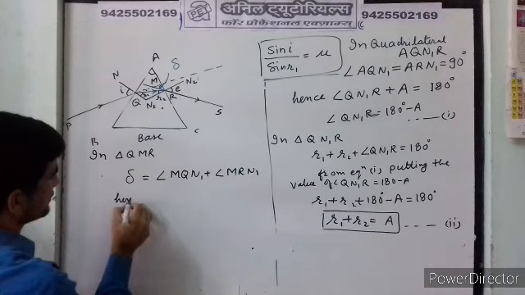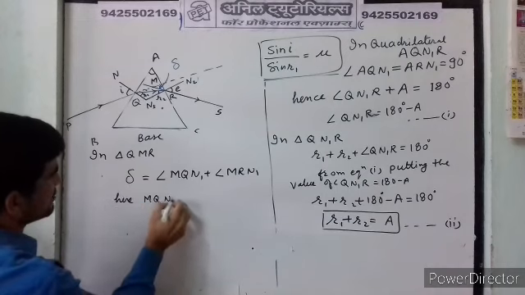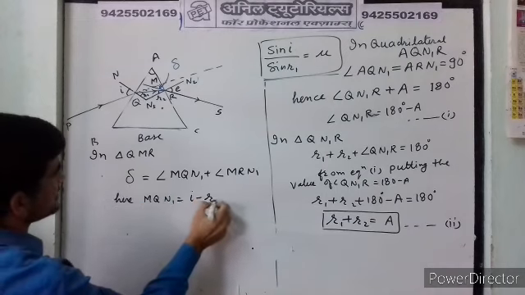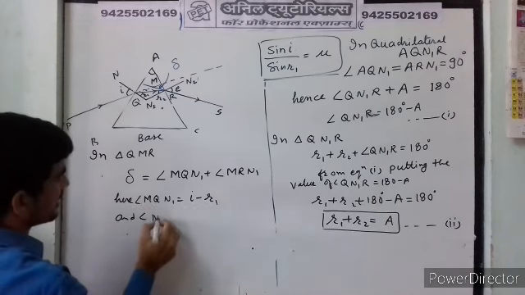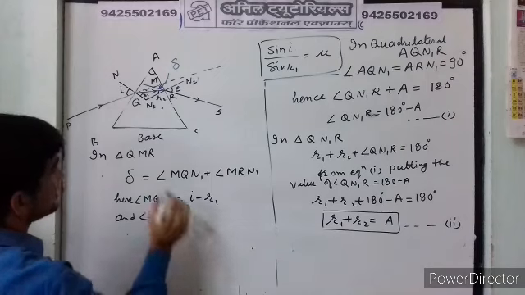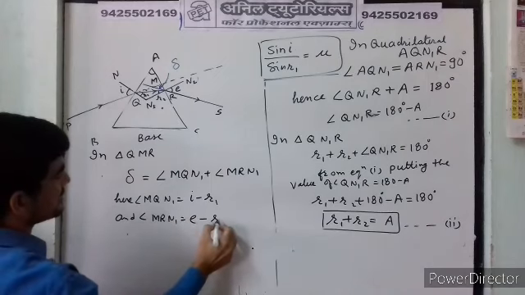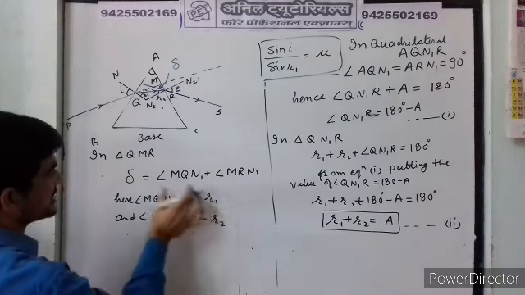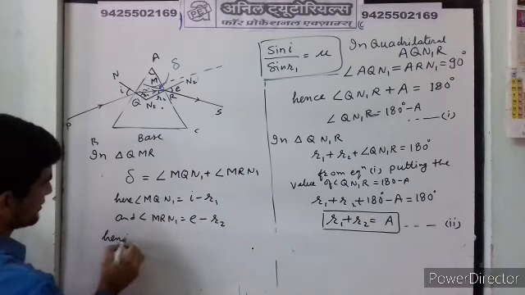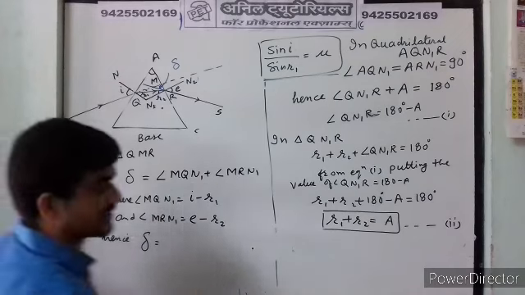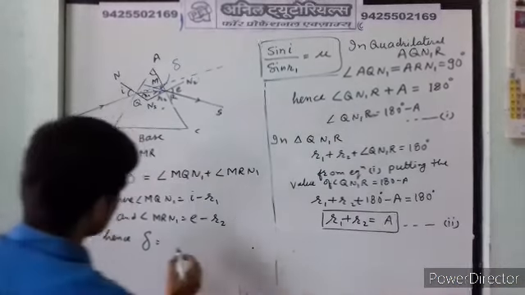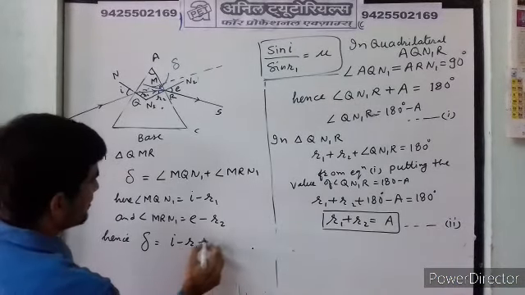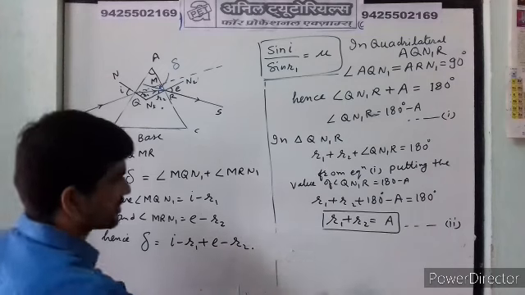So here MQN1 is equal to I minus R1, and angle MRN1 is equal to E minus R2. Put this value here, hence you will get angle of deviation delta is equal to I minus R1 plus E minus R2.